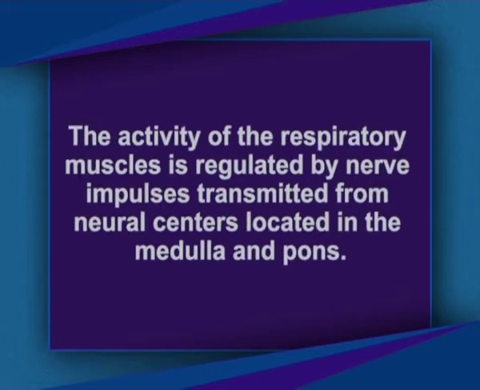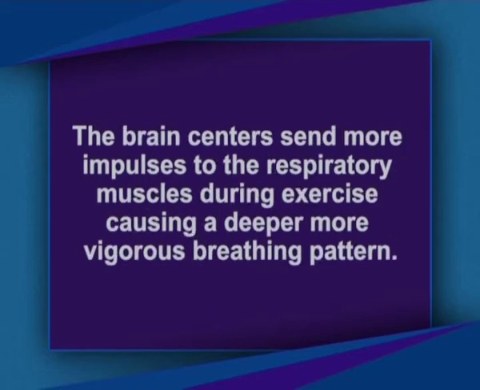The activity of respiratory muscles is regulated by nerve impulses transmitted from neural centers located in the medulla and pons. The brain centers send more impulses to the respiratory muscles during exercise, causing a deeper, more vigorous breathing pattern.